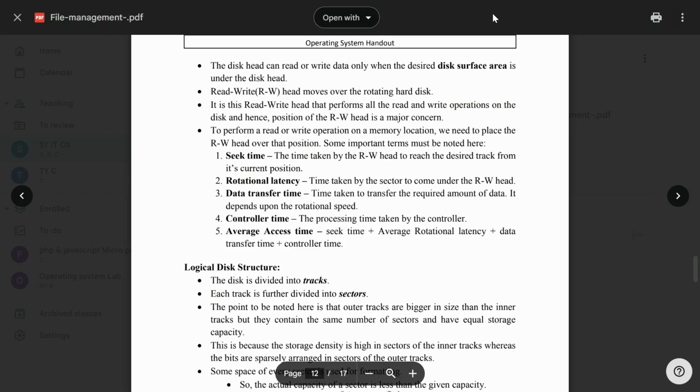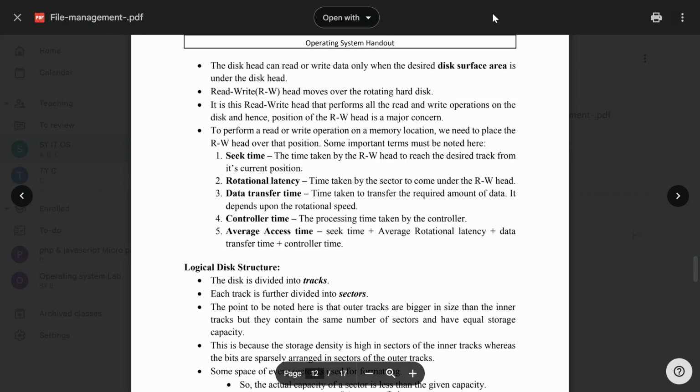The third term is data transfer time, the time taken to transfer the required amount of data to that particular disk. It depends upon the rotational speed.